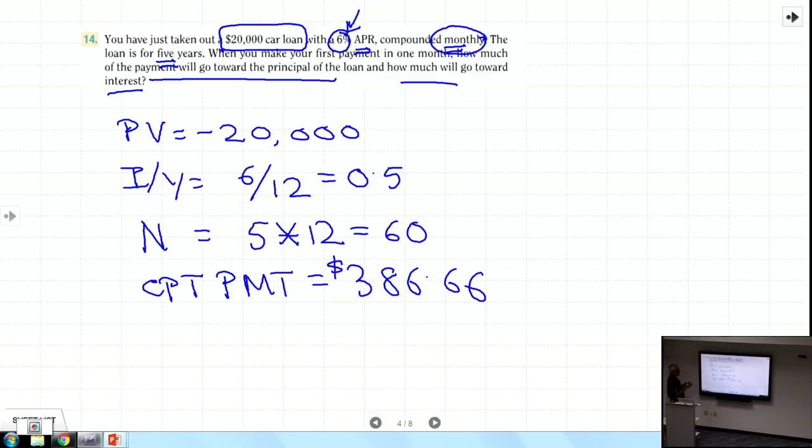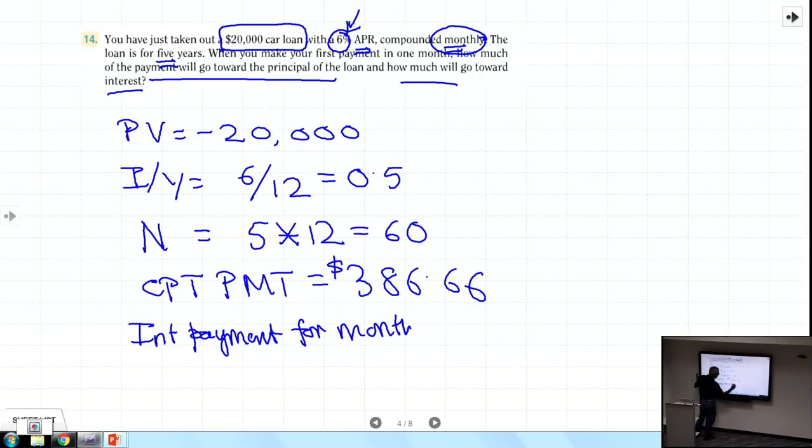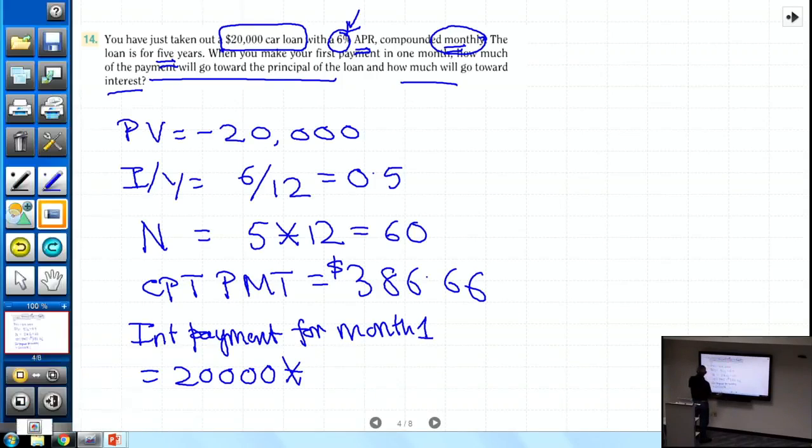Now, that's my monthly payment. How much of this will go towards interest? Well, the interest payment for month 1 will be based on the 20,000 principal multiplied by the 0.5% monthly interest rate that you are paying.